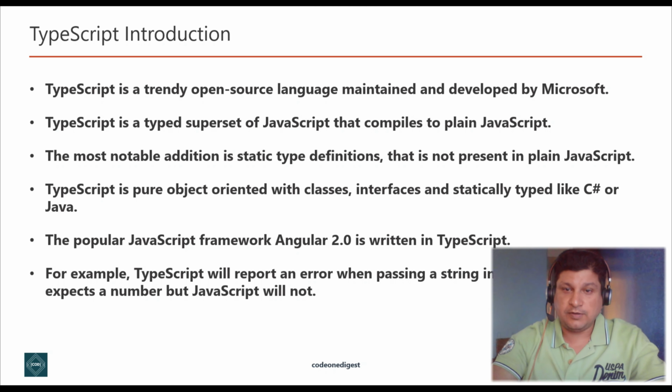TypeScript catches the problem during the development and testing phase. And TypeScript is also friendly in terms of object-oriented programming. Developers who are familiar with object-oriented concepts like to code in terms of classes and interfaces. That we'll see in an advanced tutorial where we will be creating classes and interfaces. Right, friends? So let's start the coding now.